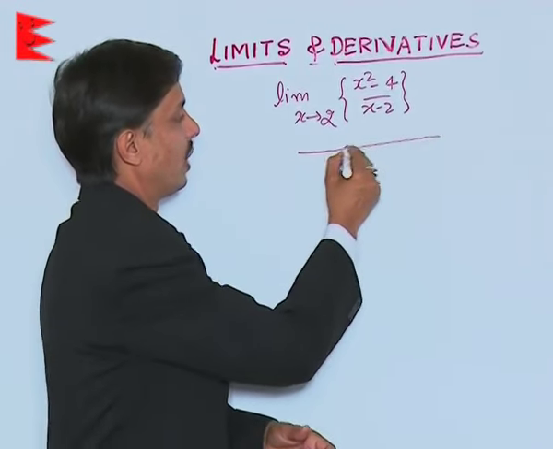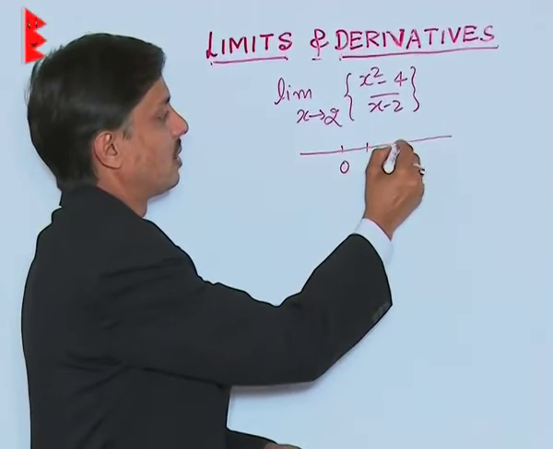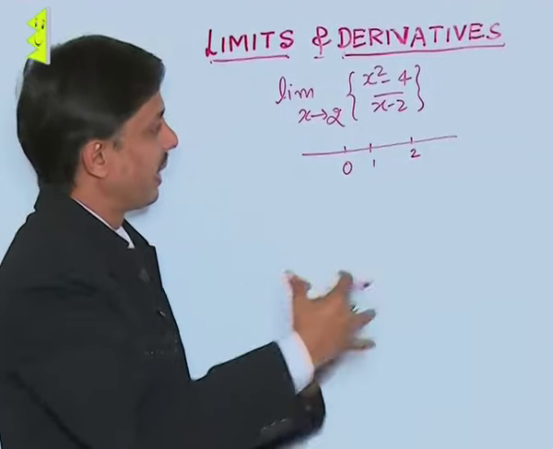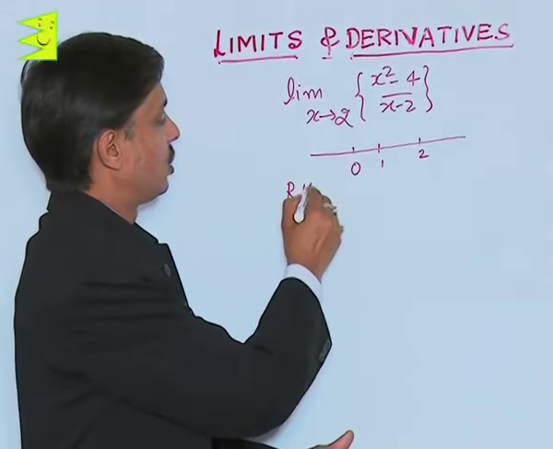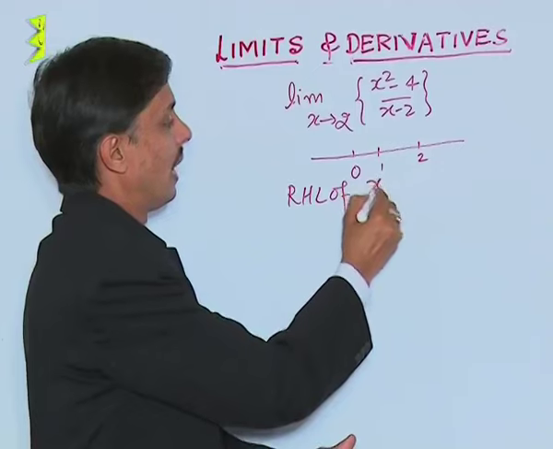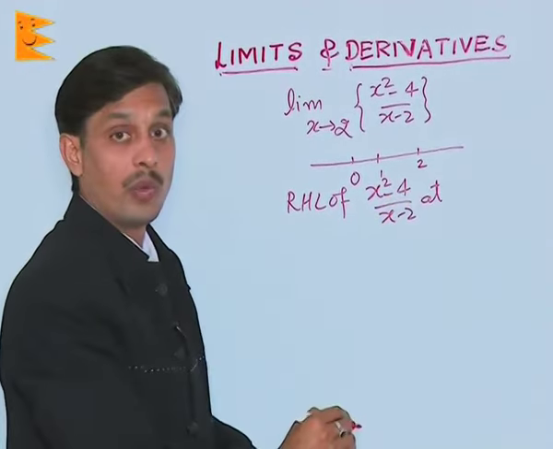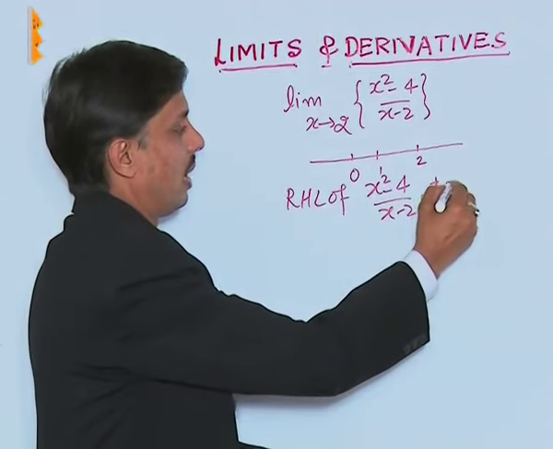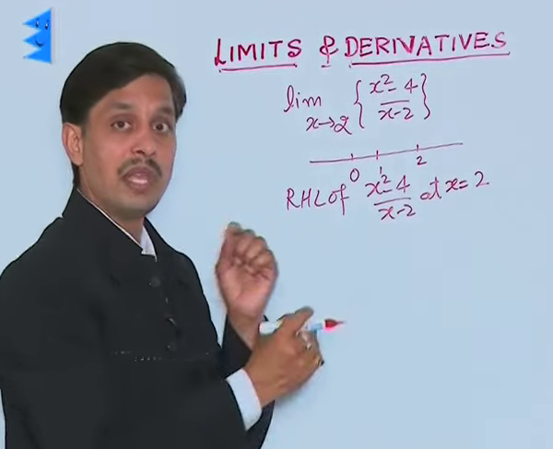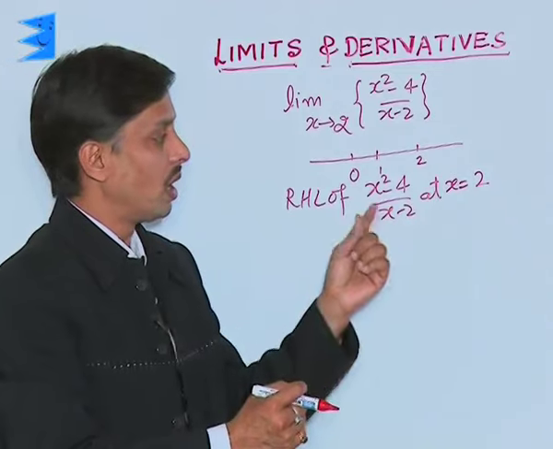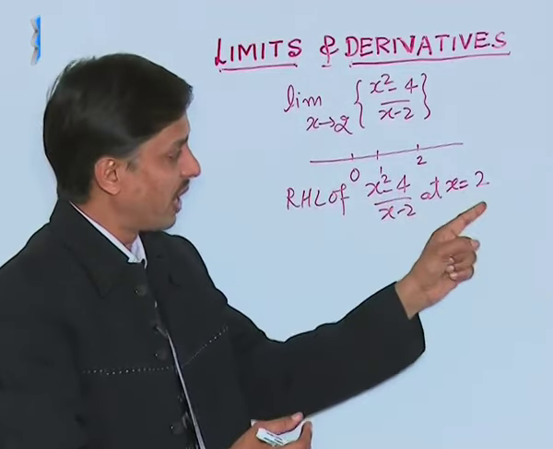Similarly, if I want to tell you what its right hand limit is, in order to understand the right hand limit, we can take the help of the number line. This is 1, this is 2. Right hand limit means RHL of x square minus 4 upon x minus 2 at x equals 2, meaning we will put a bit more than 2.